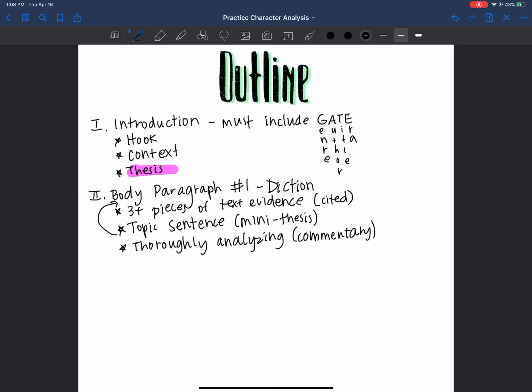Okay, and then lastly, in each body paragraph, or at least in the first one, we need a transition sentence. I have not asked you to write transition sentences this year because they just aren't on the top of my priorities list, but I will show you how to do one here in this more formal process paper. Okay, third paragraph is body paragraph number 2.